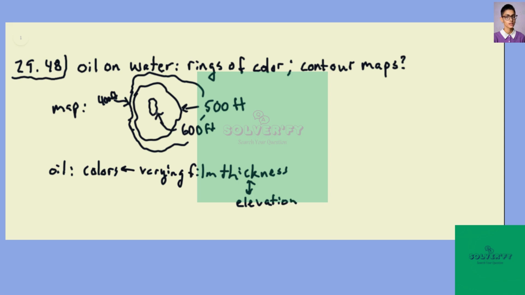So you might have a region where the thickness doesn't change very much over a large area, and so you'd get a ring of some color that's fairly broad, or you might have one where the thickness changes rapidly, and so the ring of color will be narrower.